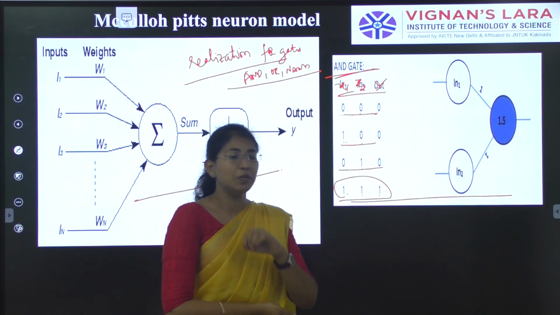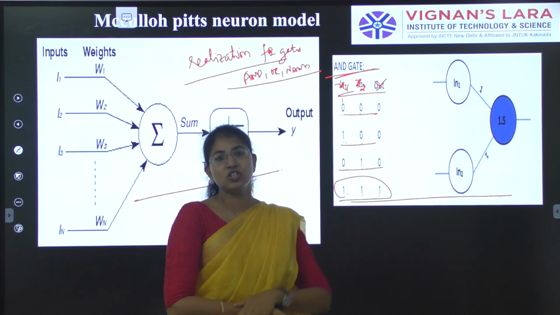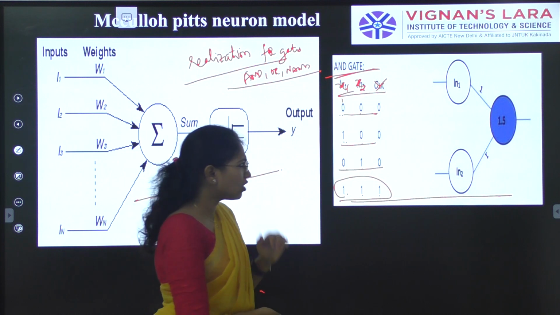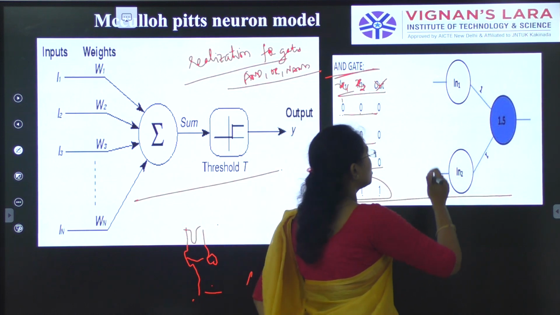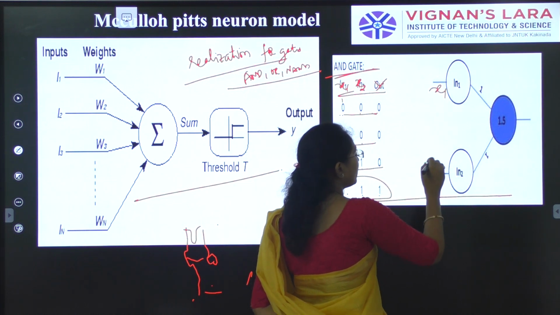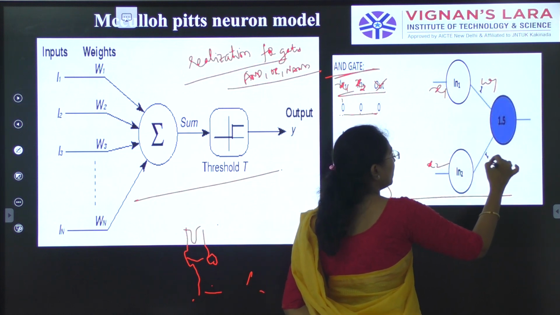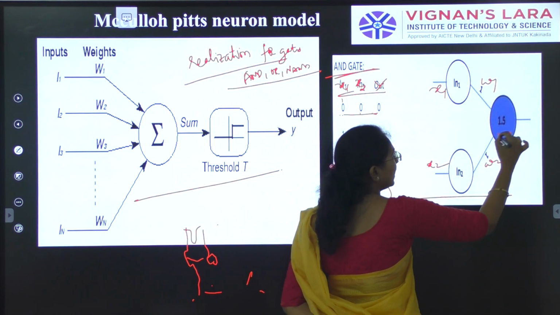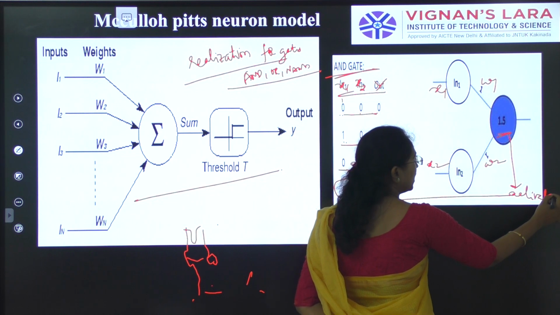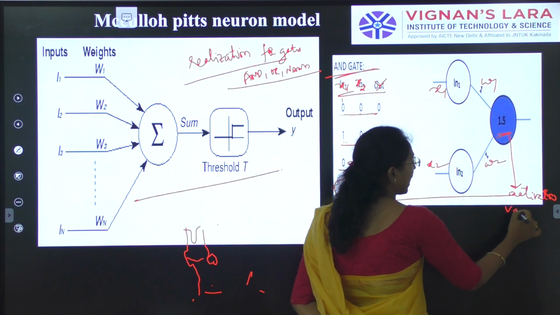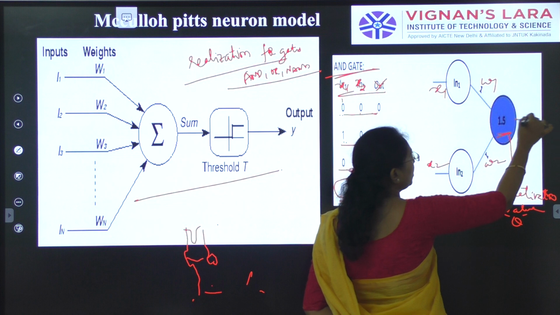Now we are going to implement the entire AND gate truth table using McCulloch-Pitts neuron model. Coming to the model structure, it consists of two inputs x1, x2, which are passed through two weights W1, W2. Here we are going to consider a step activation function, which has an activation value of theta, and the output is y.